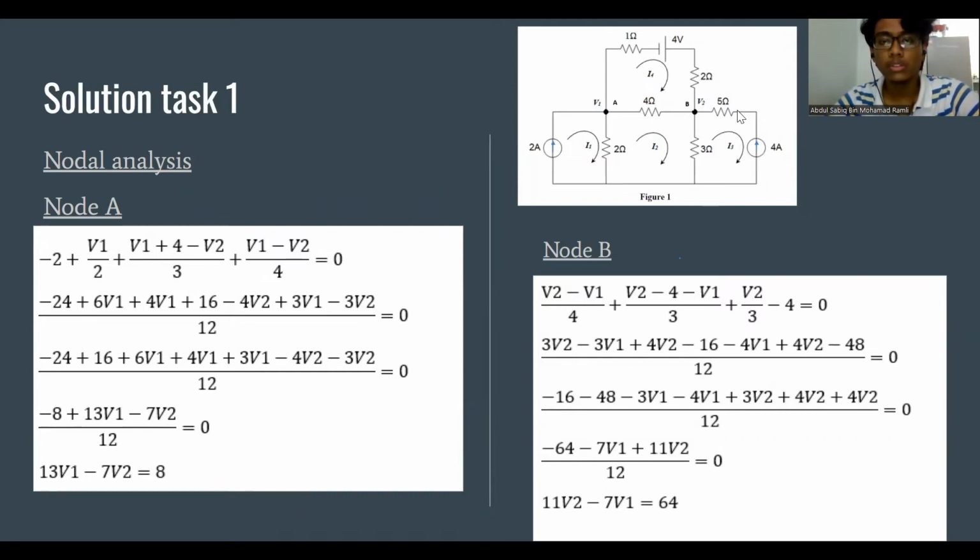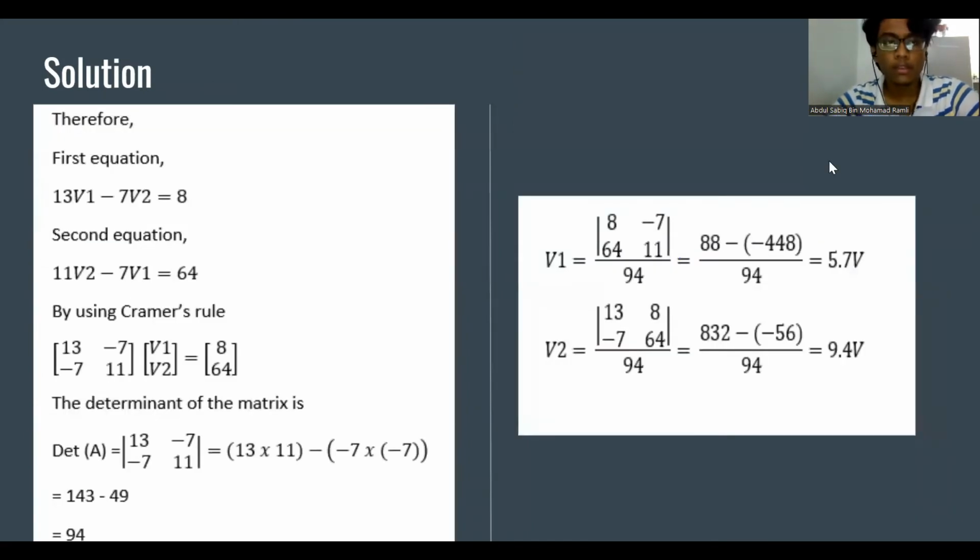For node B, we do the same thing as at node A, and we get 11V2 minus 7V1 equals 64. After we got both equations, to get the values of V1 and V2, we use Cramer's rule. We find that V1 equals 5.7 volts and V2 equals 9.4 volts.